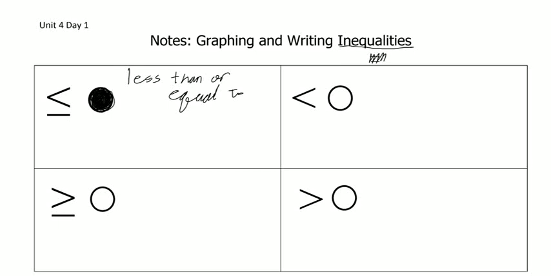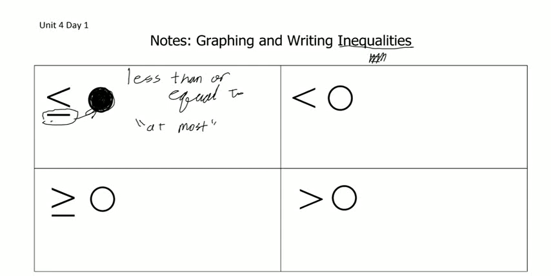Notice the little line underneath gets the darkened dot. Now, less than or equal to, things that you can expect to see along with that are phrases like at most, and stuff like that.